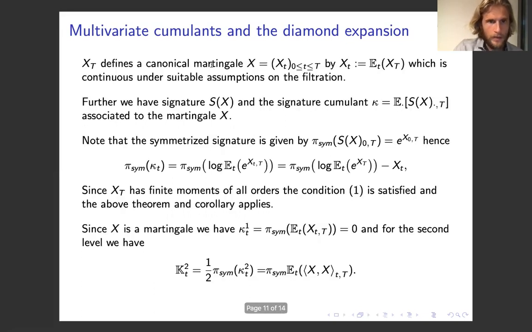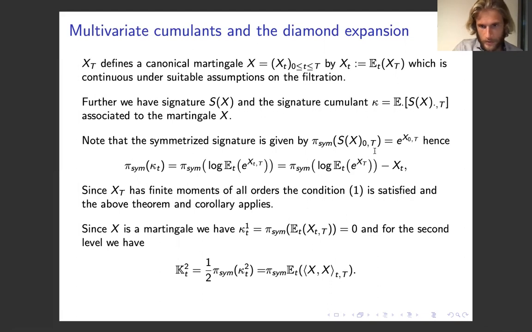Okay, so now for this random variable, we can define a canonical martingale by taking conditional expectations. We also have associated to this a signature, and we also have the signature cumulant.